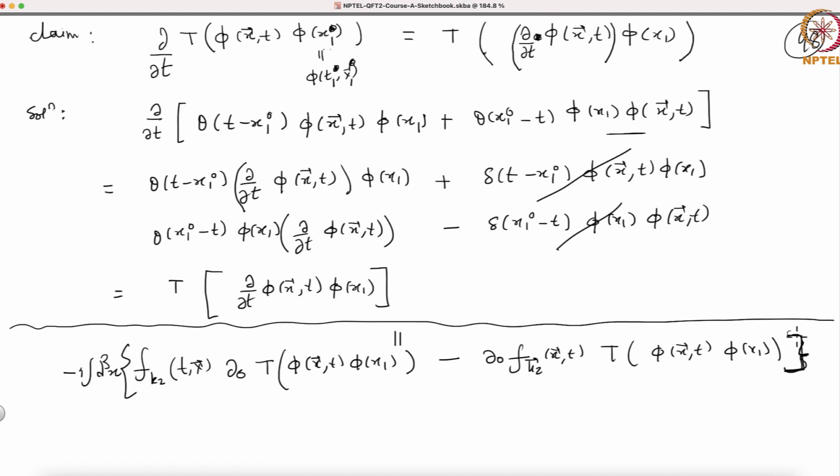Now with this I can, okay, f k2, this is good.